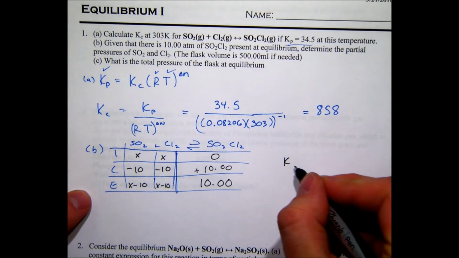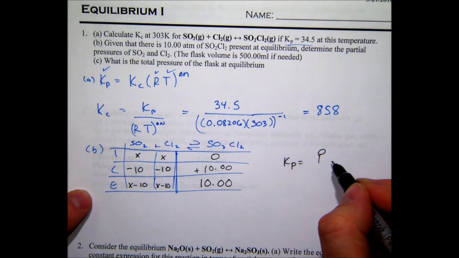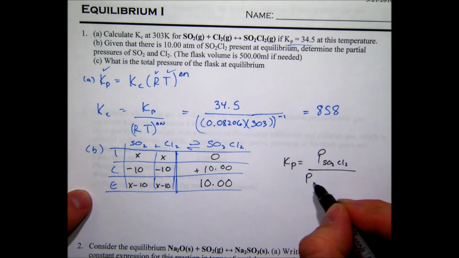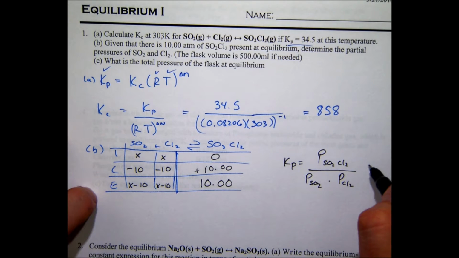We write our equilibrium expression, Kp is equal to the partial pressure of SO2Cl2 over the partial pressure of SO2 times the partial pressure of Cl2. And I know that this is equal to 34.5.